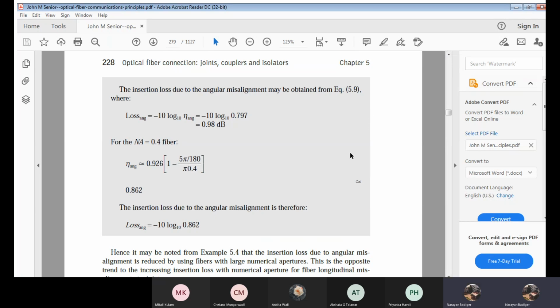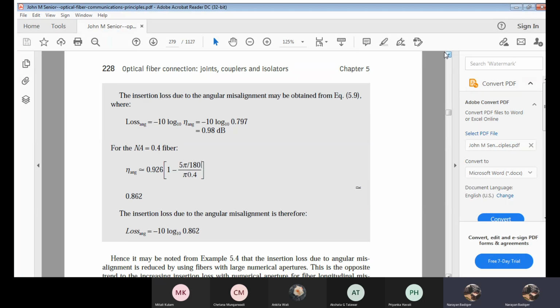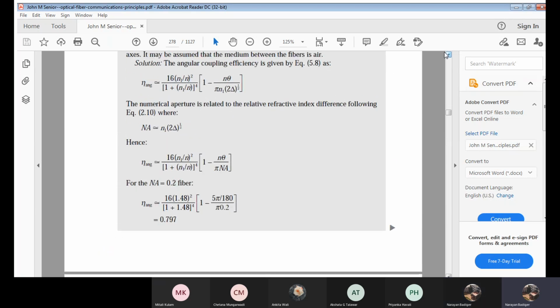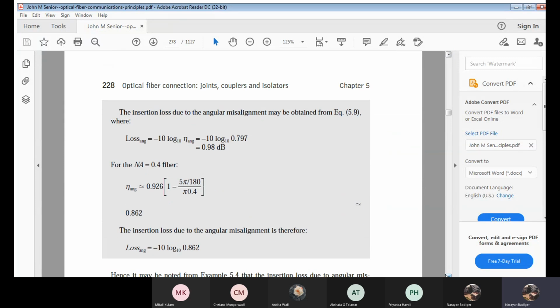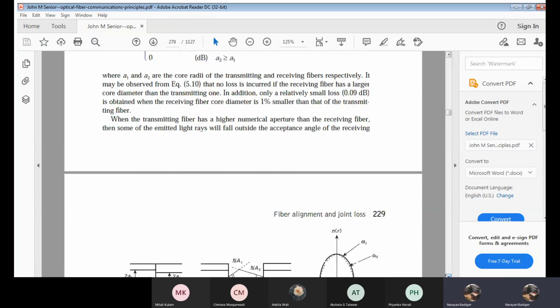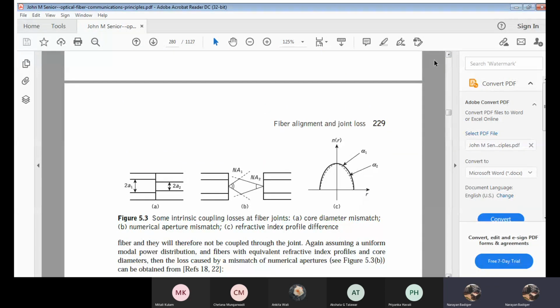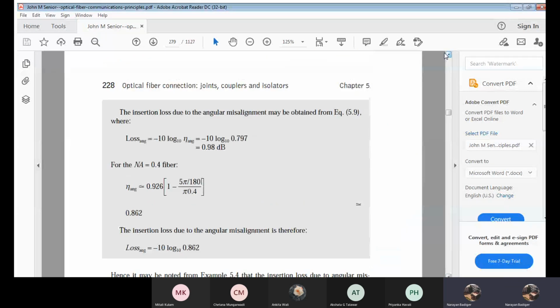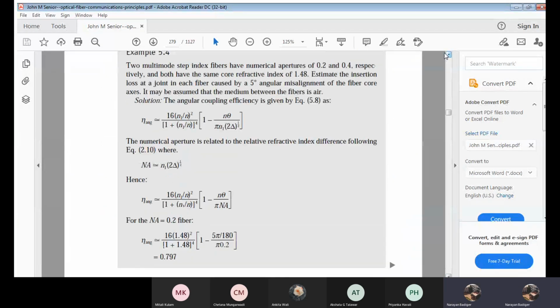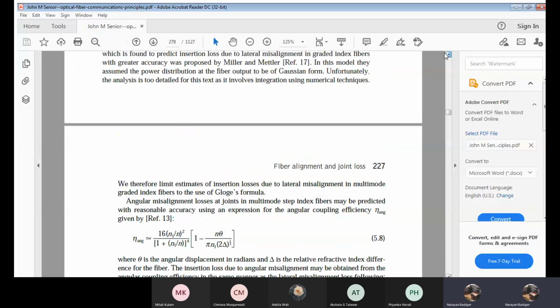We have studied two different types of losses here, insertion loss considering different phenomena. If you have any doubts till now, you can ask.